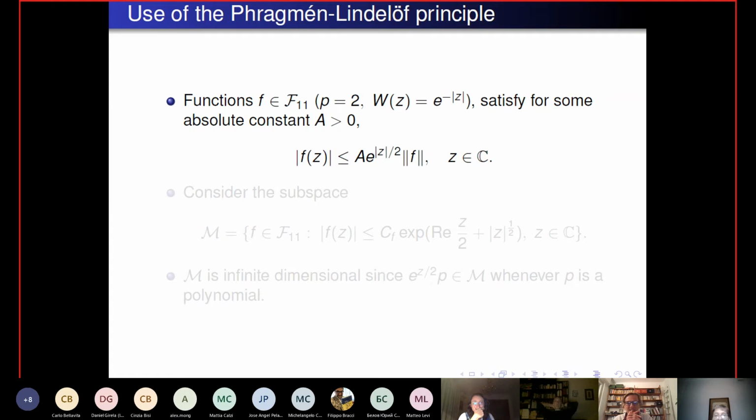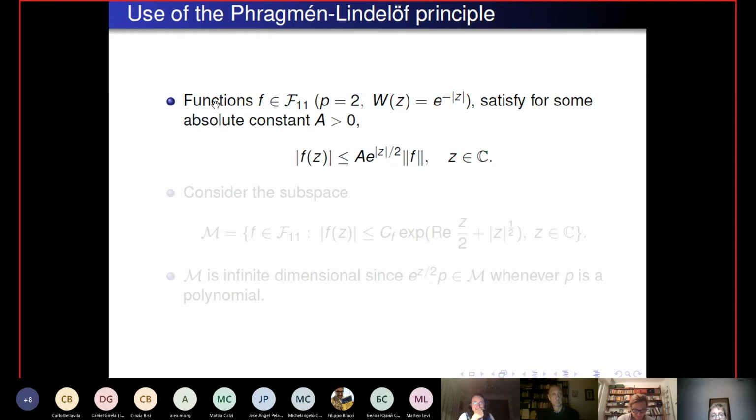This is a neat idea. For me, Phragmén-Lindelöf is somehow a spectacular theorem. I know it's pretty much the maximum principle, but the consequences are sometimes quite spectacular. And maybe, I don't know how spectacular mine is, but you'll see.